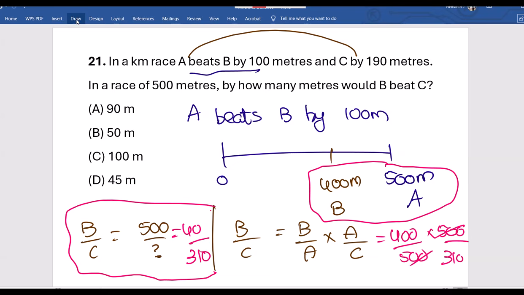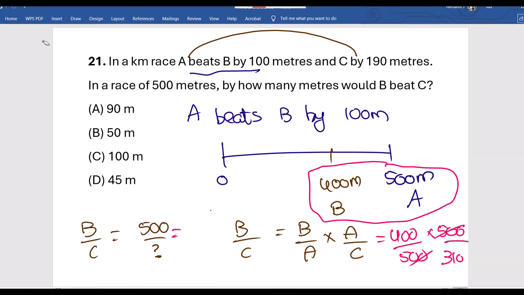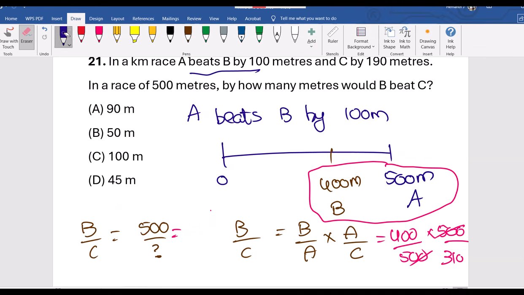I want 400 in terms of 500, which means we should multiply with 1.25. If you want to say beat by, this must be in terms of 500 only. So I have to convert this 400 divided by 310 in terms of 500, so you have to multiply with 1.25.